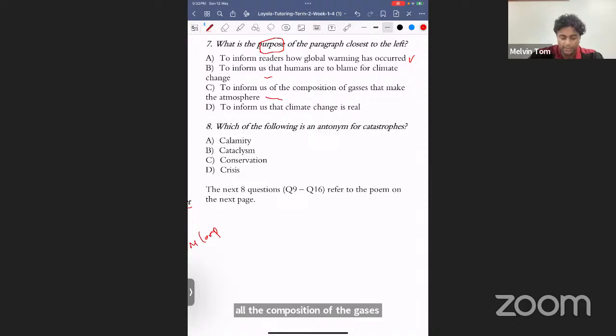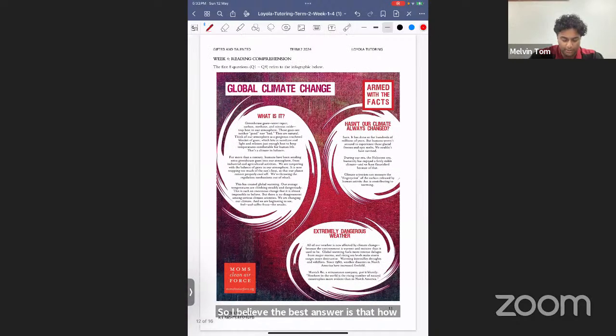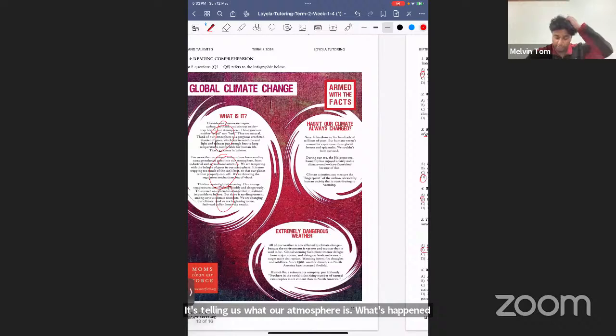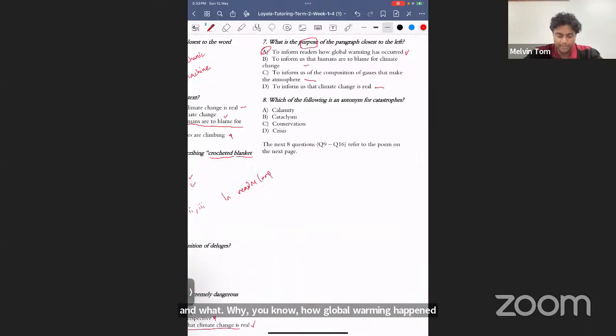To inform us that climate change is real, not really. It's just telling us what it is. So I believe the best answer is how it has occurred. It's telling us what our atmosphere is, what's happened, and how global warming has happened, and how it's causing disasters.